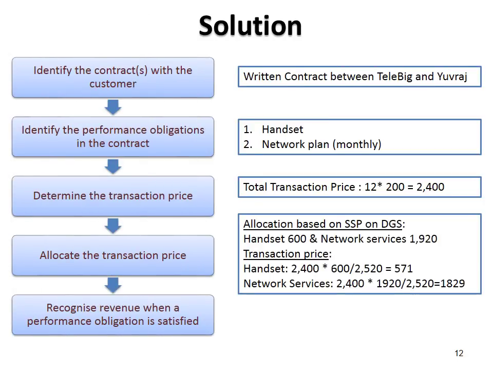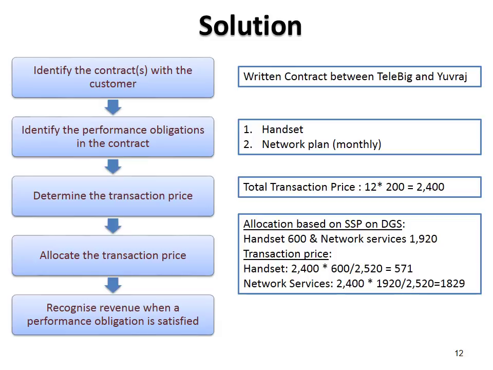So the allocation is done by way of transaction price 2400 into 600 divided by 2520, that is 571, which is the handset price, and network services is 1829, that is 1920 divided by 2520 into 2400.